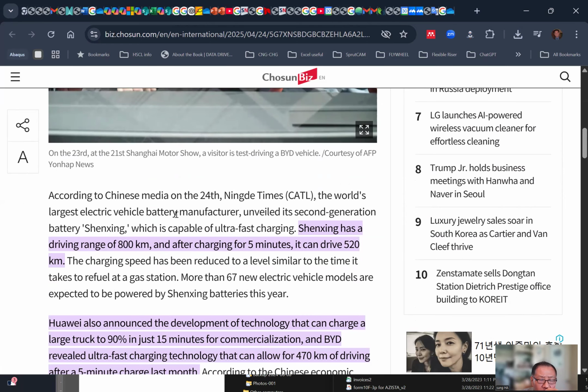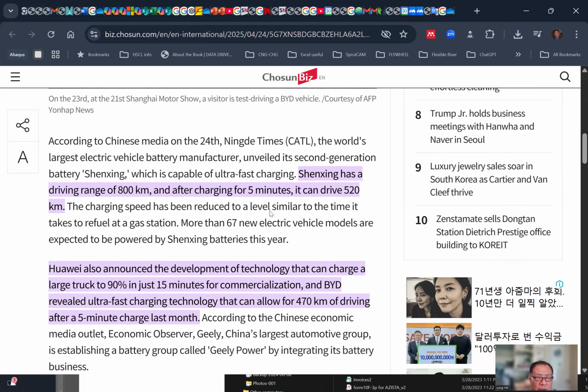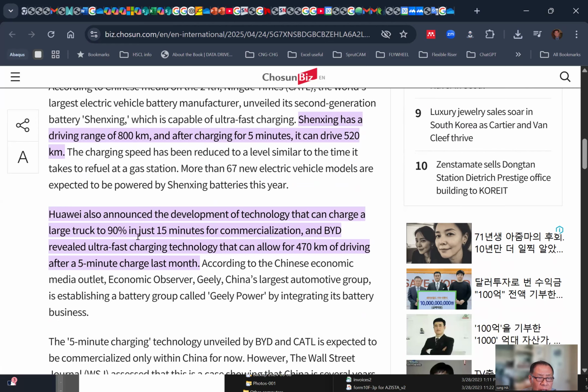According to Chinese media, CATL, one of the largest battery companies, the world's largest electric vehicle battery manufacturer, unveiled its second generation battery, Shenxing, which is capable of ultra fast charging. It's amazing technology, just 5 minutes and reach a drive of 520 kilometers.